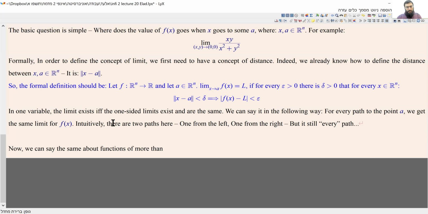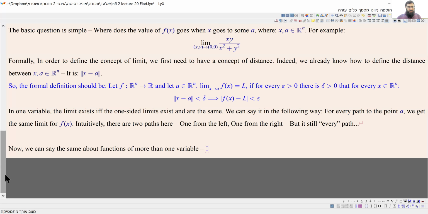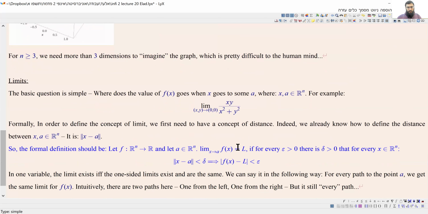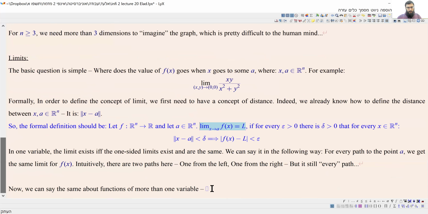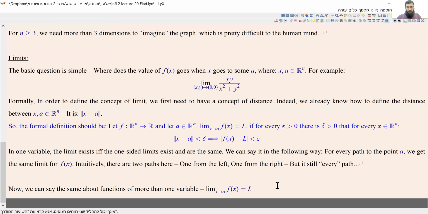In one variable: the limit of f when x goes to A is L. We'll write it down something like this: if and only if for every path to the point A, the limit of f is L. Or rather, on every path to the point A, the limit of f is L.